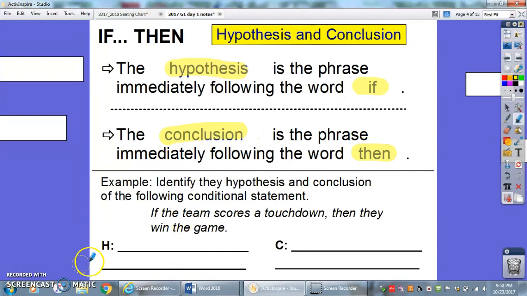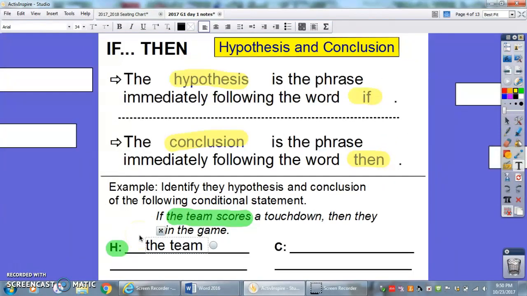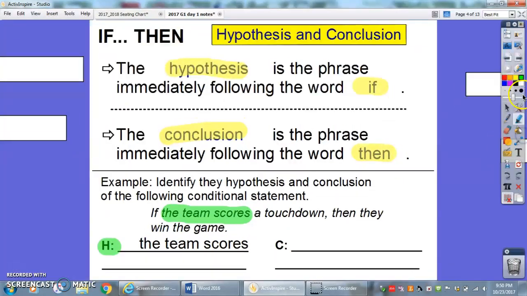Down here, we're going to identify the hypothesis and conclusion. Let me use a different color. My hypothesis will come right after the word if, so the team scores. The conclusion comes second, right after the word then, so they win.